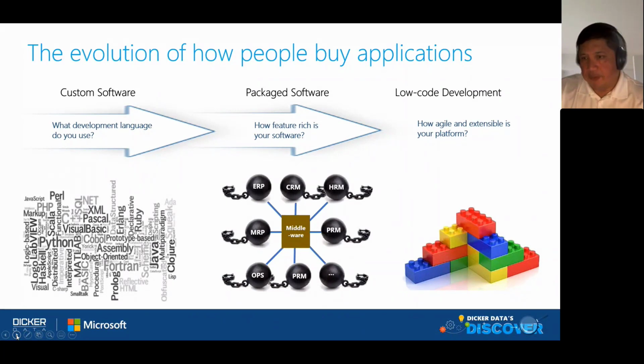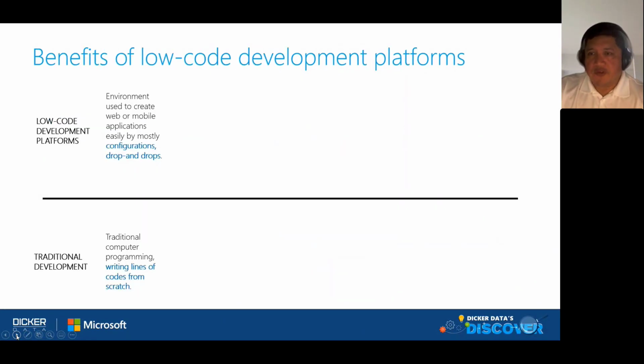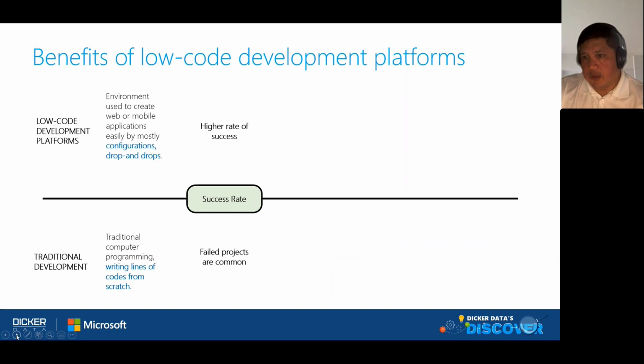through this low-code development platform, what we call the Power Platform. And the benefit of utilizing the low-code development platform, what we found, is a higher rate of success. A lot of these traditional developments of custom applications take quite a number of months, sometimes even years, whereas the low-code development life cycle is generally days or weeks to develop an application or automate a specific process.